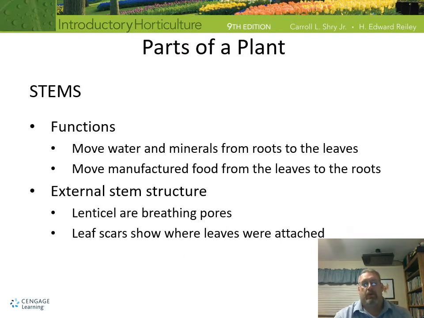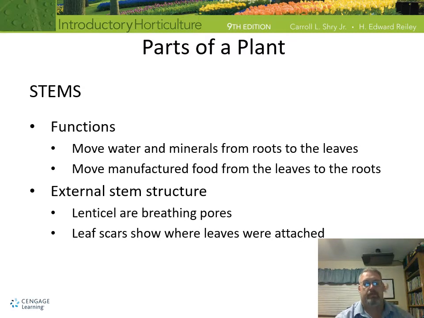The next part of a plant we're going to talk about is the stems, and this has a function of moving water and minerals from the root to the leaves. This can move both manufactured food from the photosynthesis process as well as nutrients from, say, an artificial fertilizer.